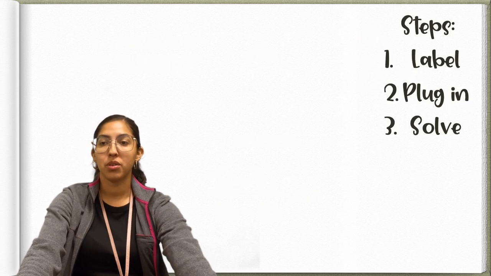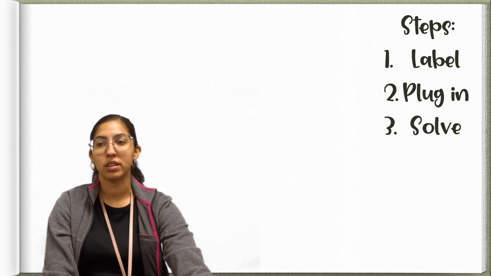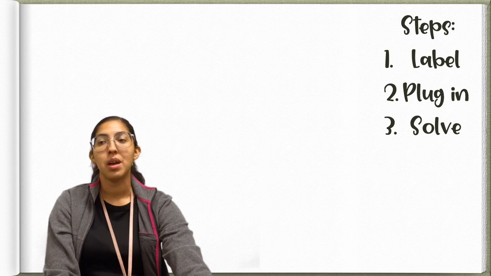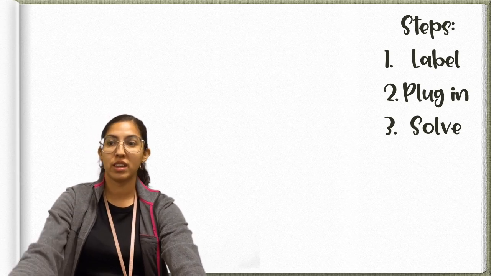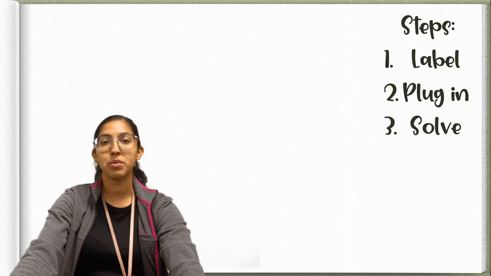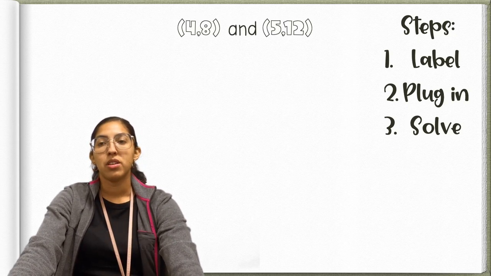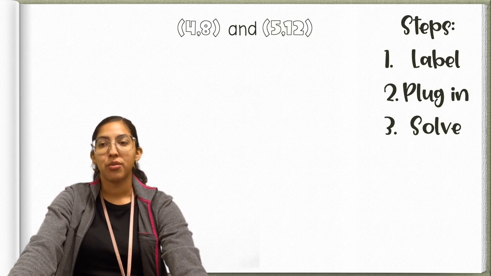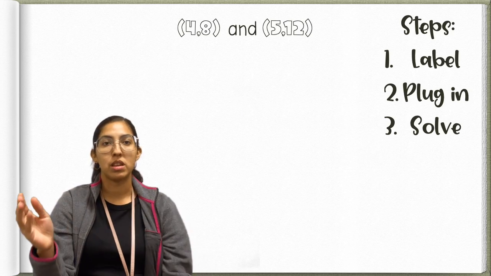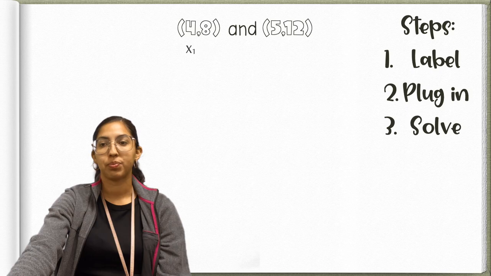Our steps, so we're going to be given 2 points. Our steps are to label, plug in, and solve. So let's get started with 2 examples, and then you'll have some practice. So we're given the 2 points, (4, 8) and (5, 12), and we want to find the steepness between these 2 points, so the slope. So we have x1, y1, x2, y2.